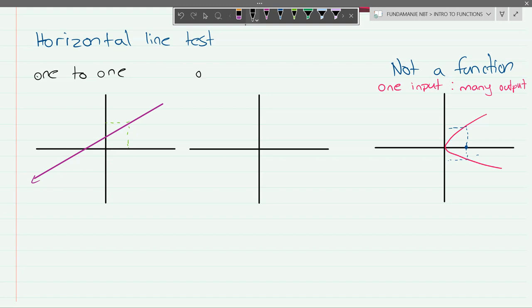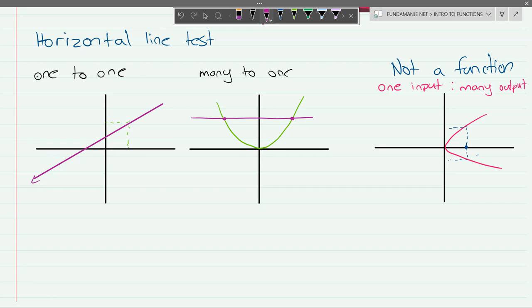would be the many-to-one function. And the best example of this would be our quadratic function, where if we draw our vertical line, we intersect the graph at 2 points.